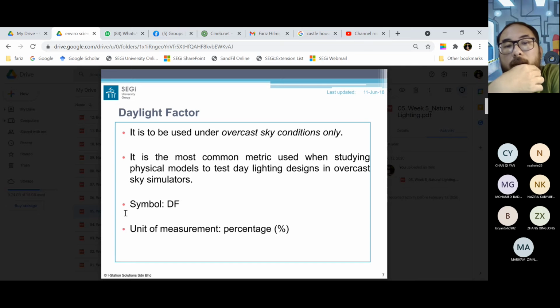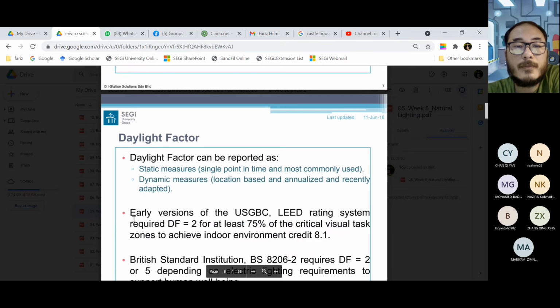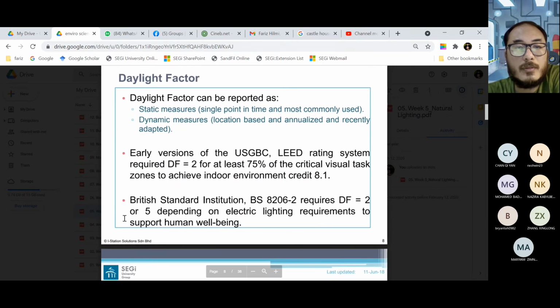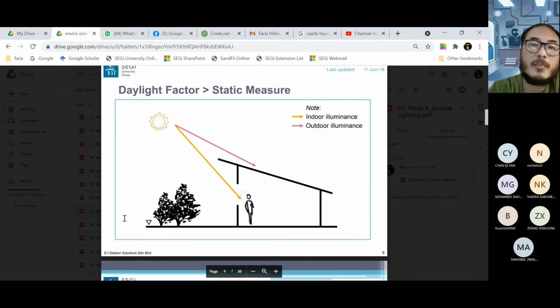It is also the most common metric used when studying physical model daylighting designs in an overcast sky simulator. The symbol is DF, the daylight factor. Measurement is percentage. Early version, static measure of indoor and outdoor illuminance.